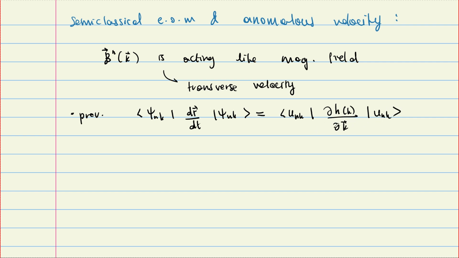I think we used the Hellman-Feynman theorem to get to this, and after that we showed it's equal to 1 over h bar del E_nk over del k. So we have to derive exactly the same thing in the presence of a Berry curvature and see if it's the same or different, and the result is going to be different. So this was for B_n equal to 0, but now we need to take B_n not equal to 0.